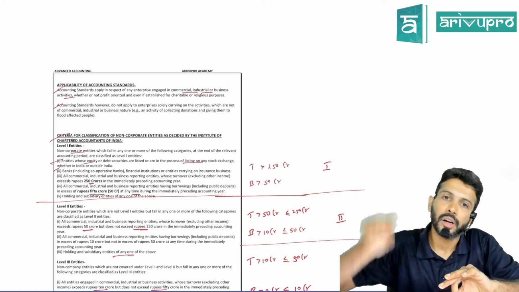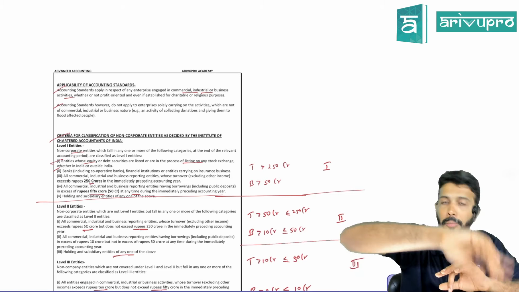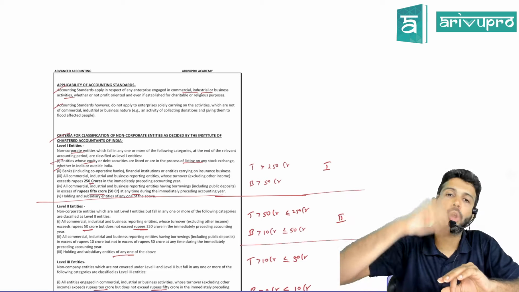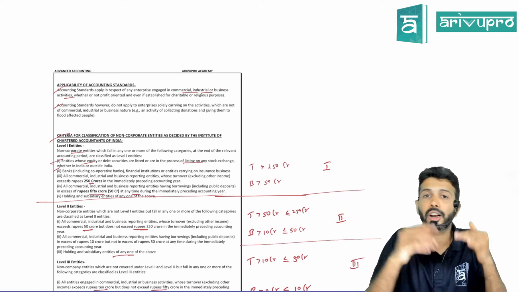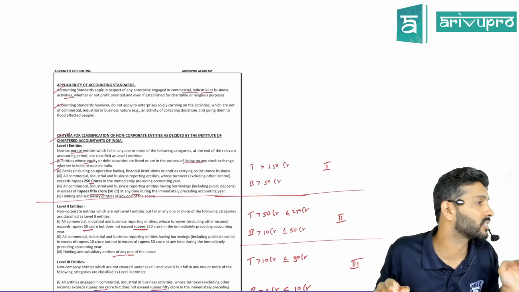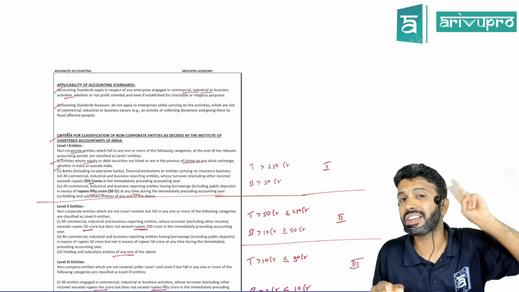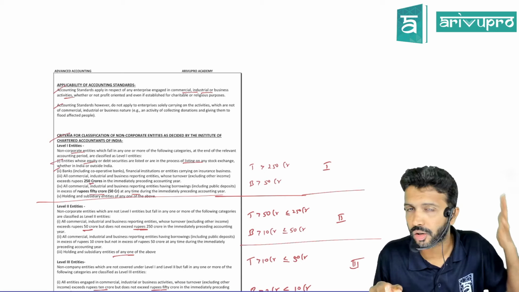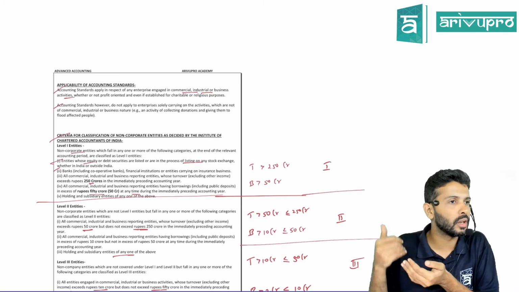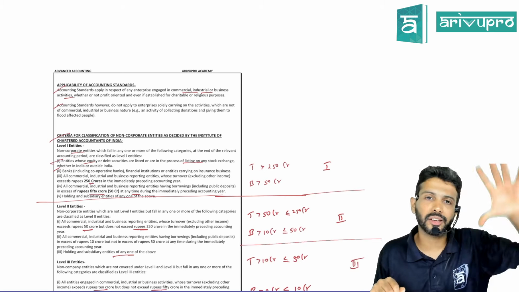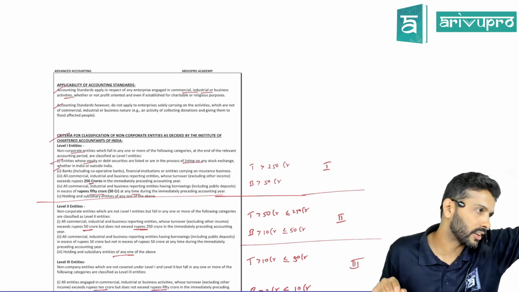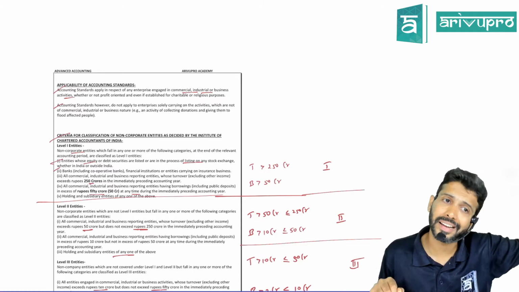For level 2, turnover exceeds 50 crore but does not exceed 250 crore, and borrowing exceeds 10 crore but does not exceed 50 crore. For level 3, turnover exceeds 10 crore but does not exceed 50 crore, and borrowing exceeds 2 crore but does not exceed 10 crore. If you are not level 1, level 2 or level 3, automatically you come under level 4. So exemptions available are AS 3, 17, 21, 23, 27 for non-corporate entities.